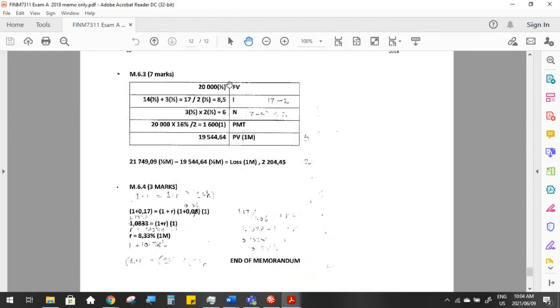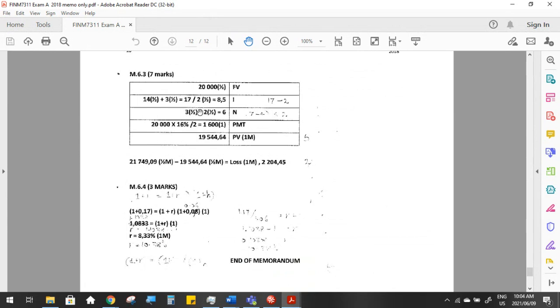So our future value is still 20,000. I is now R divided by M. So 17 is our value for R, now divided by 2 is 8.5. N, M times N. There's now only 3 years remaining.